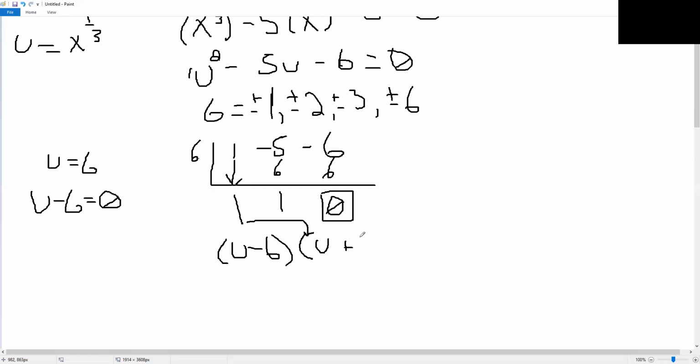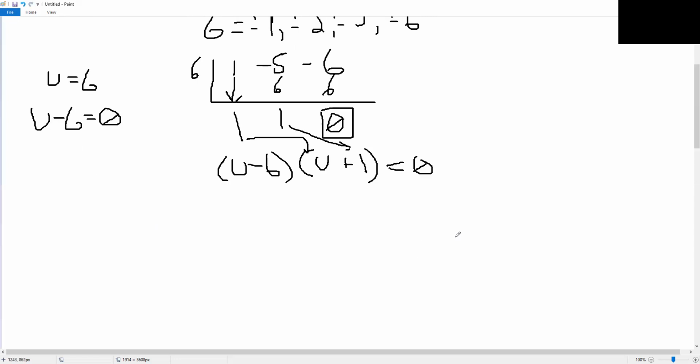And this one is just that one right there. And that's our solution. Well, close to it. Now we can say that u equals 6 and u equals -1. Hopefully you know how I got those. We've been skipping that step for a little while, so I think you guys will be good there.